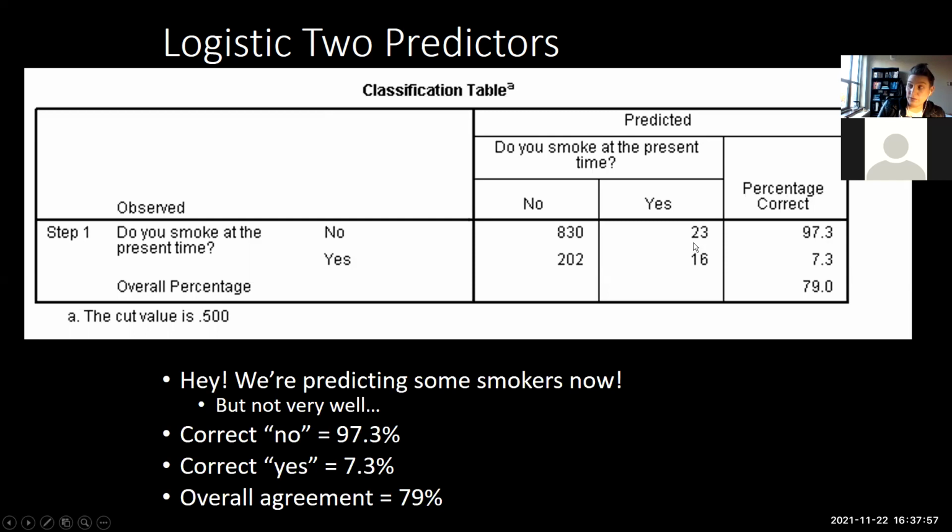Now we're predicting some people as smokers who are not smokers, but we are actually predicting some people as being smokers. Again, this table is really useful for seeing how well your equation is classifying people into the correct categories. We're not doing a great job at predicting who's a smoker.